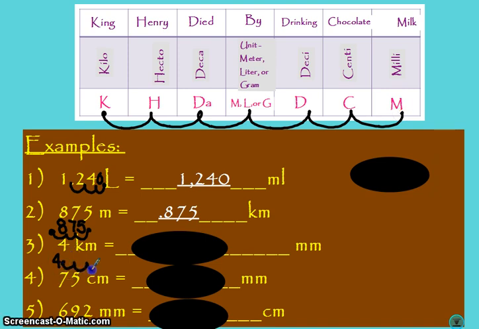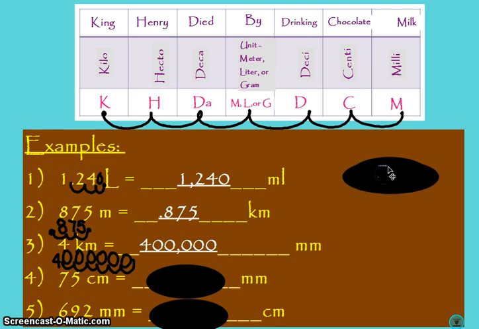Fill in all your empty spaces with zeros. So yes, that is right. We get 4 million. Oh, that's wrong. I forgot a 0. Another 0 there. There we go. That's correct now.